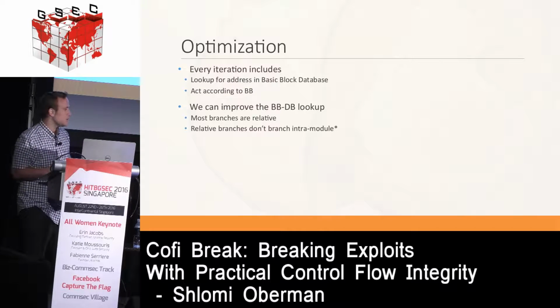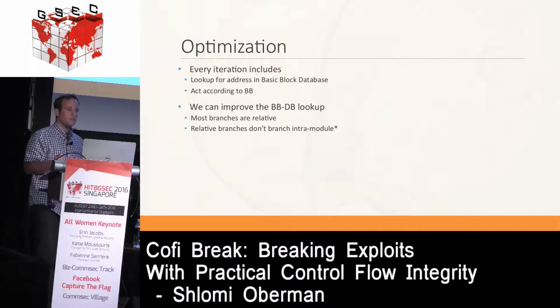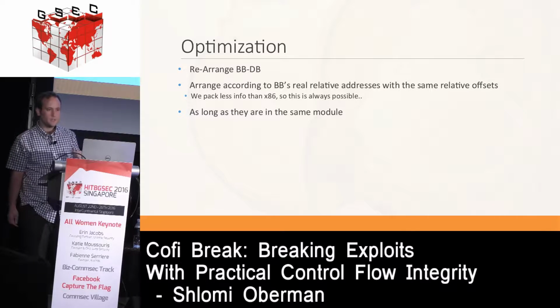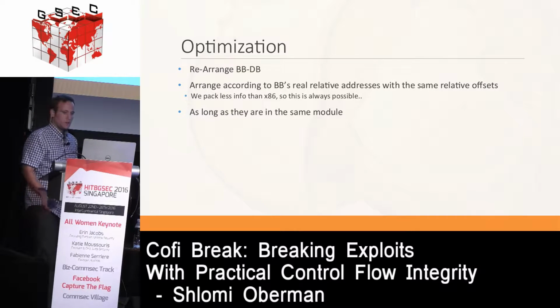So if you have a jump or any kind of relative-based addressing branch, you know that they're inside the same module. So we can rearrange the basic block database so that the basic blocks are at the same relative addresses as they are in the real world. If you have a relative branch from one basic block to another, we just calculate the difference and we can find the new basic block.